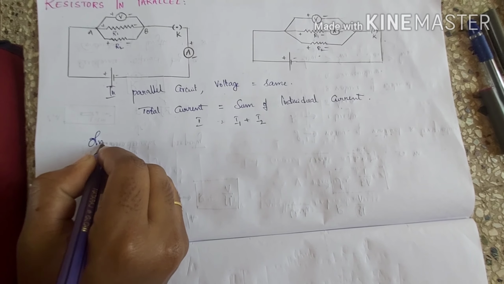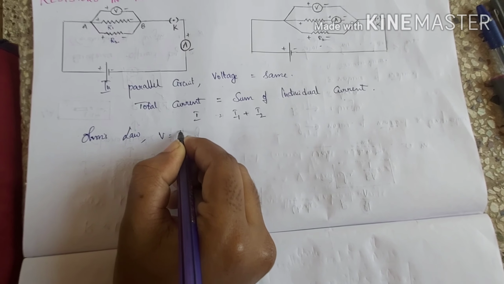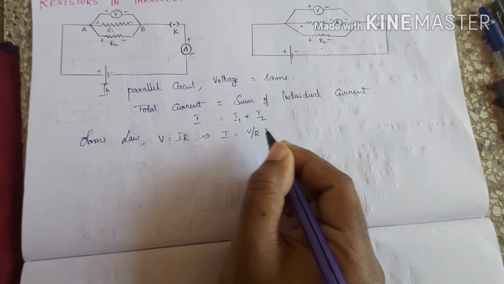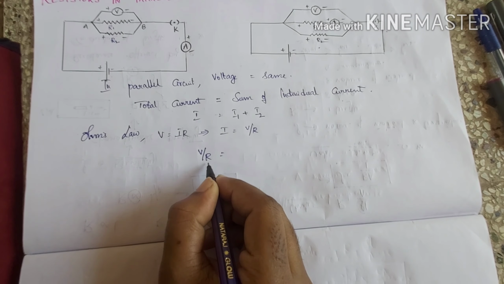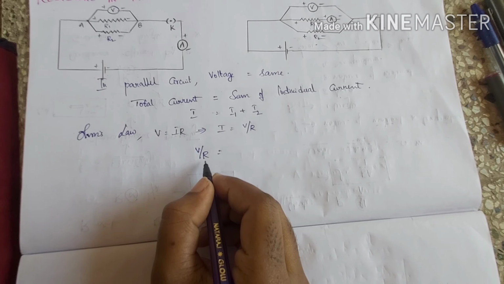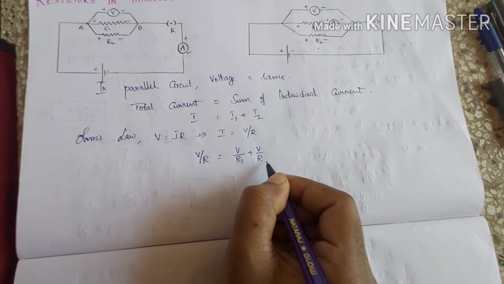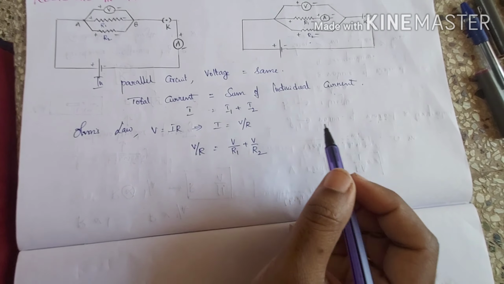So what do we know from Ohm's law? V equals IR, which means I equals V by R. Now writing this, V by R, where R is the equivalent resistance of the parallel circuit, equals V by R1 plus V by R2. Since the voltage is the same across the entire circuit, I didn't mention V1 and V2.